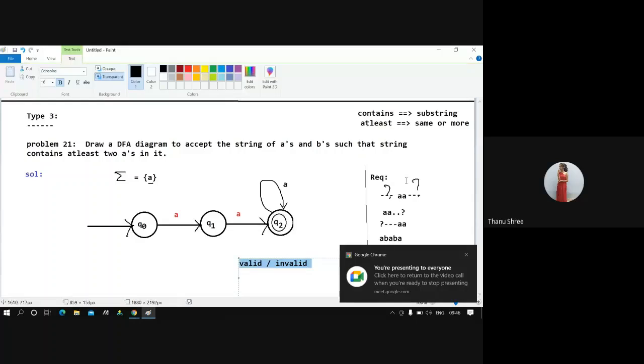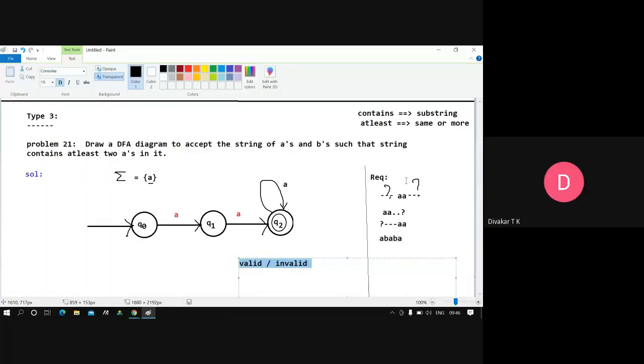How are you telling it's not? Listen to me one second. If you are saying it's valid, then you have to justify how it is valid. If you are telling it's invalid, you have to tell me how it is invalid. Okay, great. You can continue.